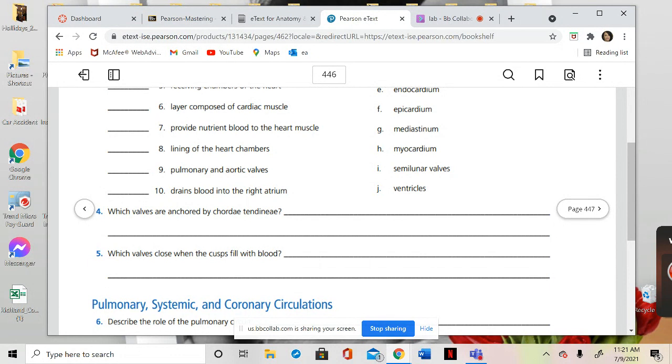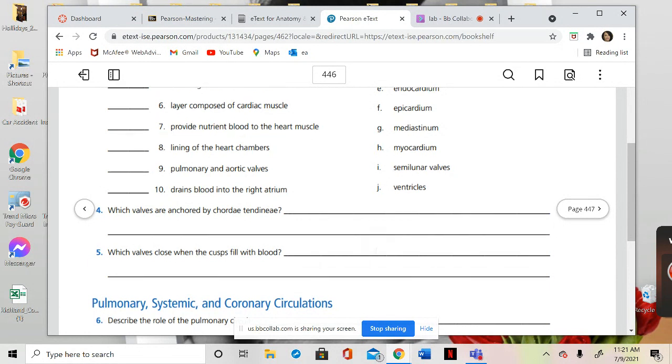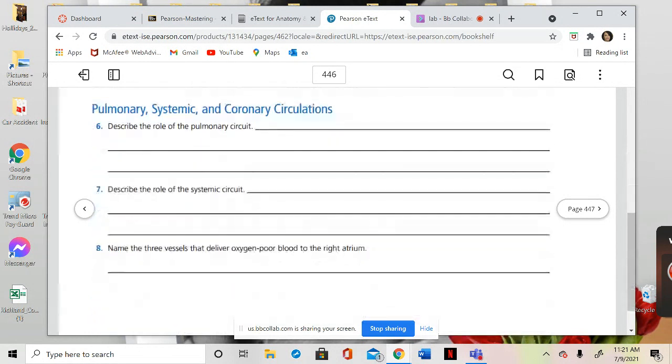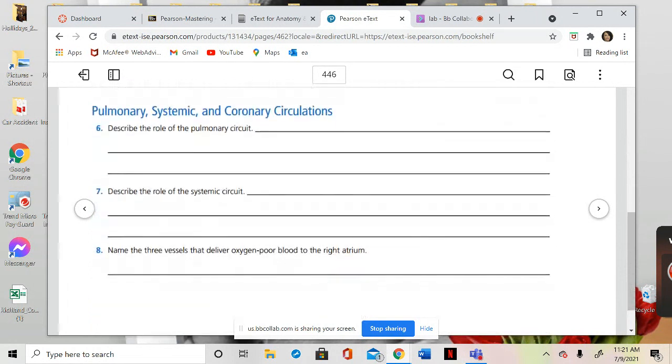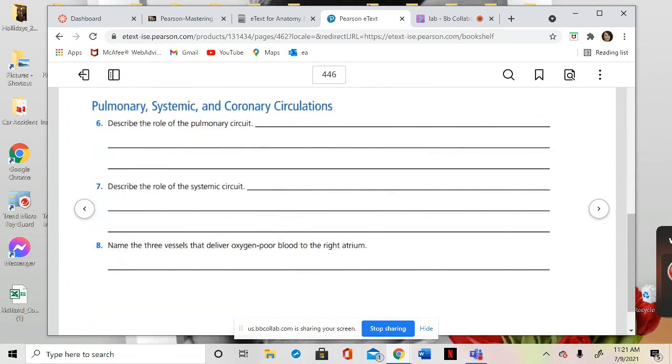I really want you to look and read. I am not just giving you the answers, because if I give the answers, you are just going to say, okay, we have the answers, we don't need to read. So they are saying, okay, pulmonary, systemic, and coronary circulations.